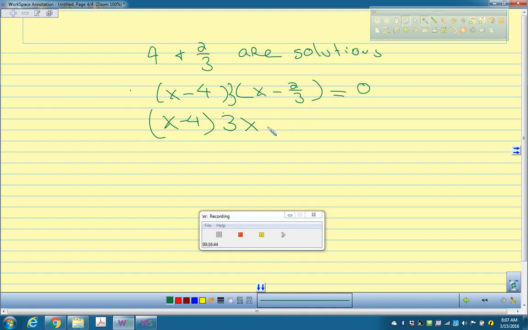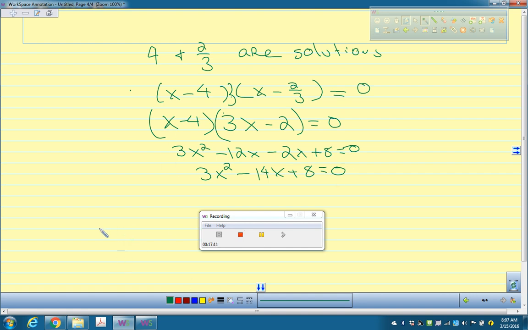I get -2. And then I could FOIL it out, and I get 3x squared minus 12x minus 2x plus 8 equals 0, or 3x squared minus 14x plus 8 equals 0.